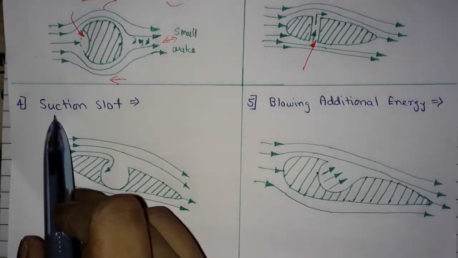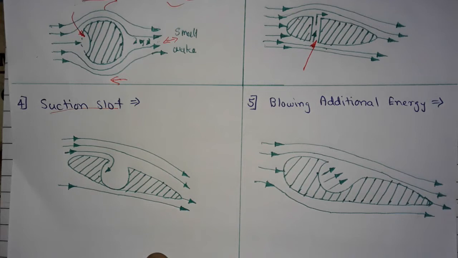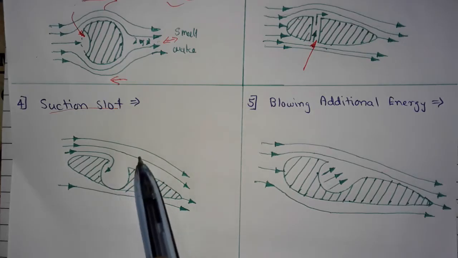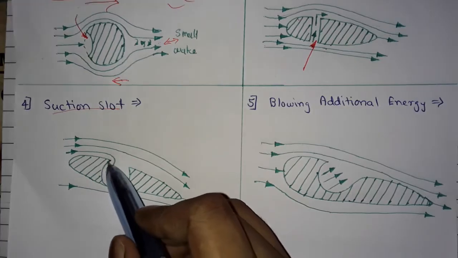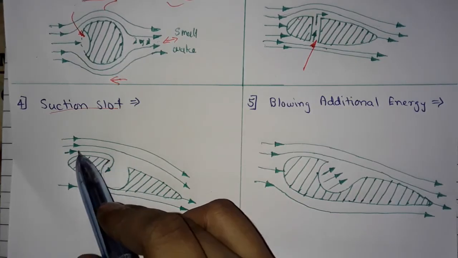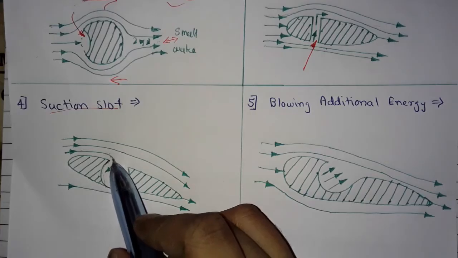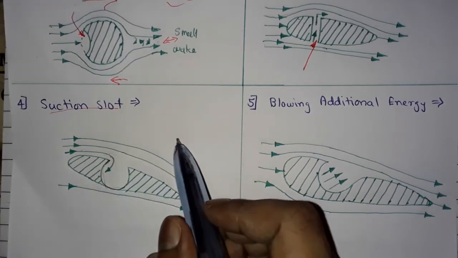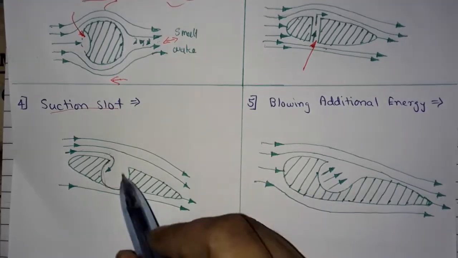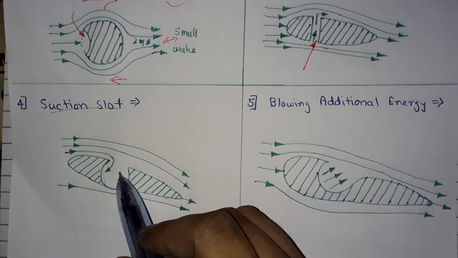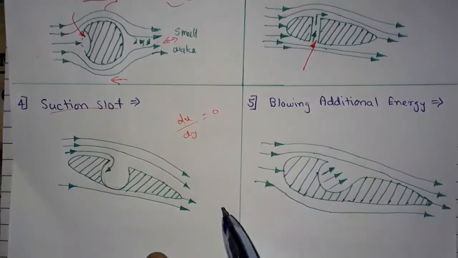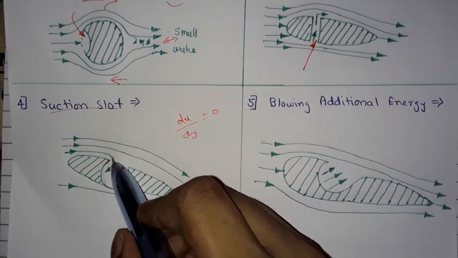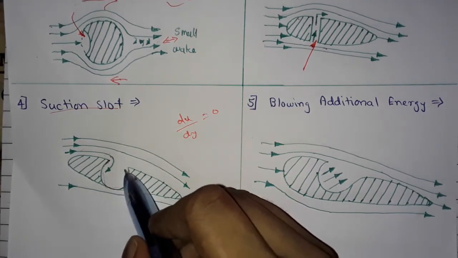Next is, friends, suction slot. To avoid the boundary layer separation in the body, at the point where the separation occurs, in that part we can make a slot like this. Because of this, the fluid which loses its kinetic energy, or which has zero velocity gradient, that is du upon dy is equal to 0, that layer is sucked into this slot.